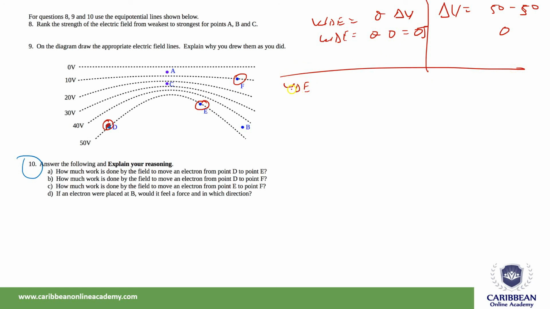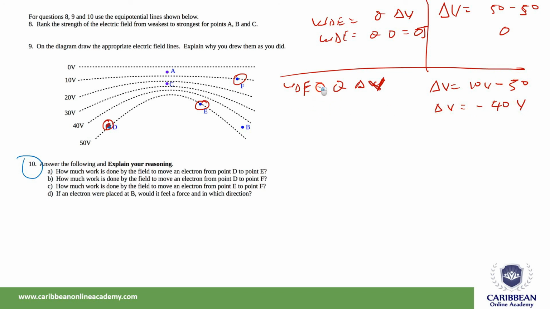The work done from point D to point F is going to equal Q, and we're dealing with an electron, so Q times the change in potential. The change in potential is going to be the final minus the initial. So you have to know what your final point is and what your initial point is. Our final point is going to be 10 volts, minus the initial, which is 50. So we have a potential difference of negative 40 volts.